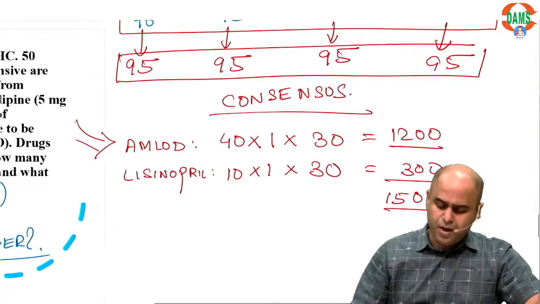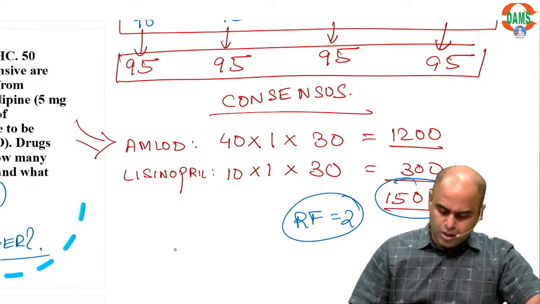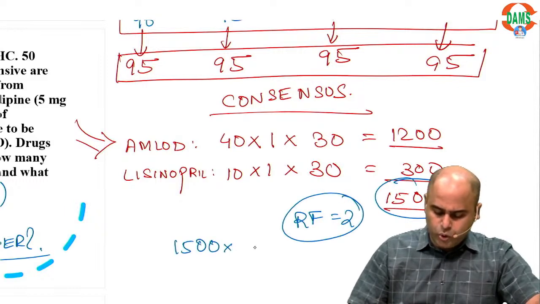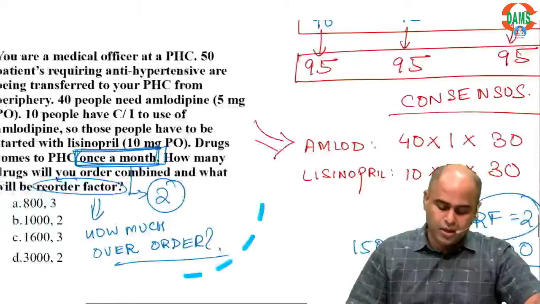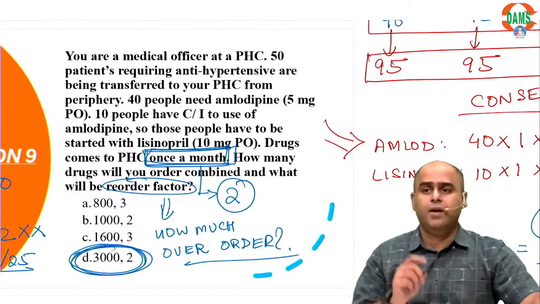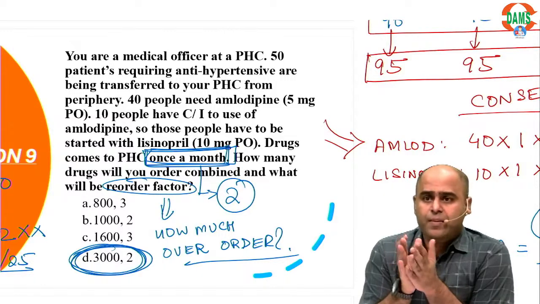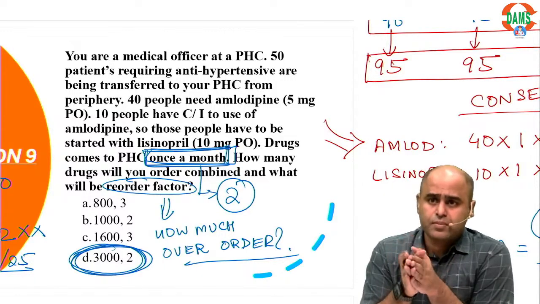Here the number of tablets was 1500, the reorder factor being 2. So 1500 into 2, the number of tablets needed will be 3000. I hope I am clear with this. Done? Over? Happy?